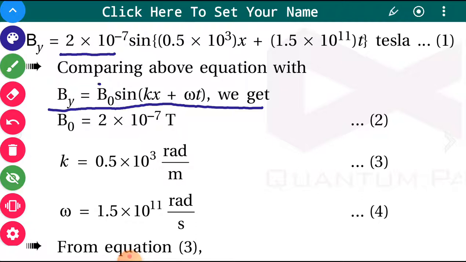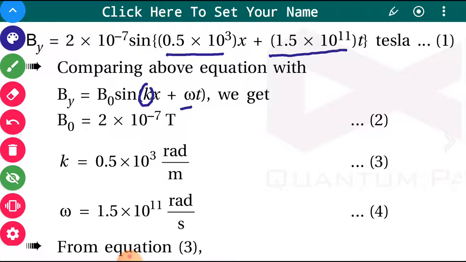If you compare, B0 is 2 into 10 raised to minus 7, k is 0.5 into 10 raised to 3, and omega is 1.5 into 10 raised to 11. So all the quantities are obtained by comparing the given equation with the standard equation.